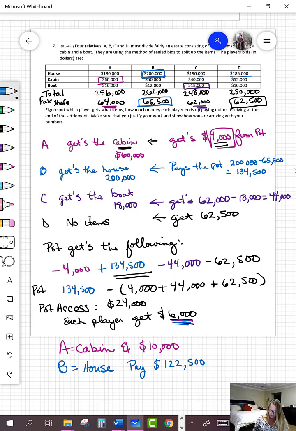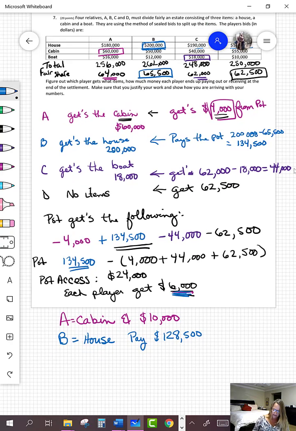So actually that $134,500 that he had to pay minus the $6,000, that's where this $128,500 came from. This is what he has to pay out. Player C, they get the boat.